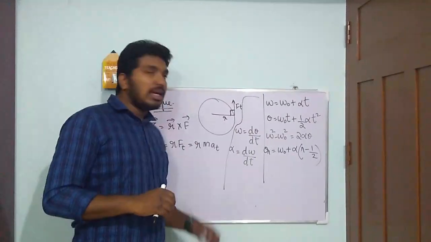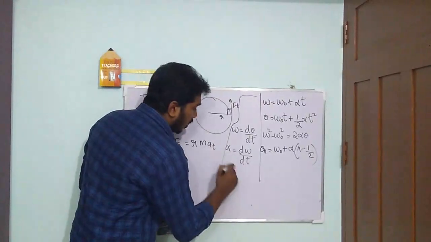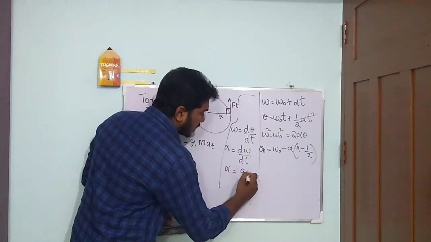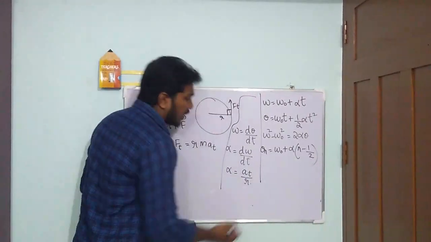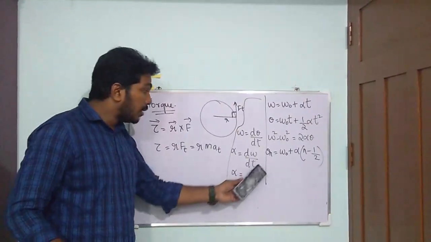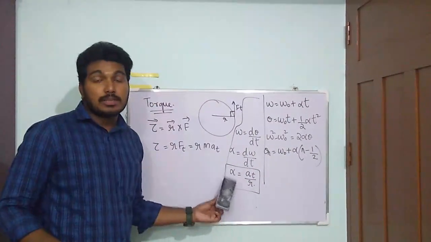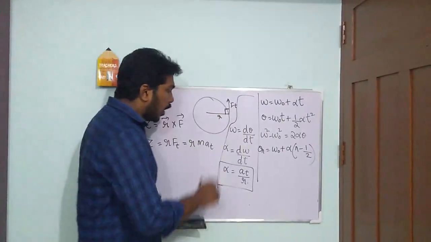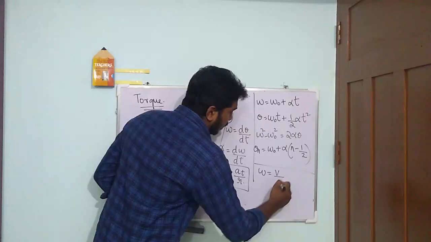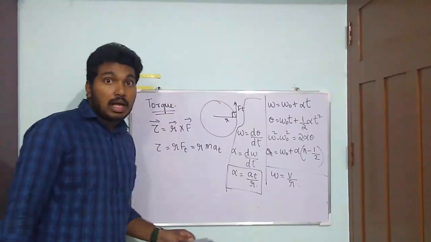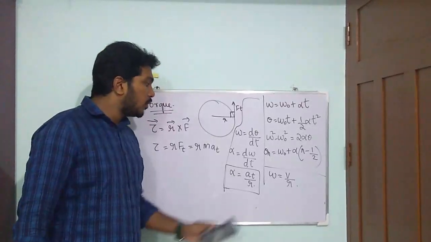Another way in which alpha can be expressed, in terms of the acceleration, is A_T by R. Alpha is also equal to A_T by R. This is another important equation you have to remember, and you may get questions based on this. Another relation to remember: omega is V by R, or V is equal to R omega.